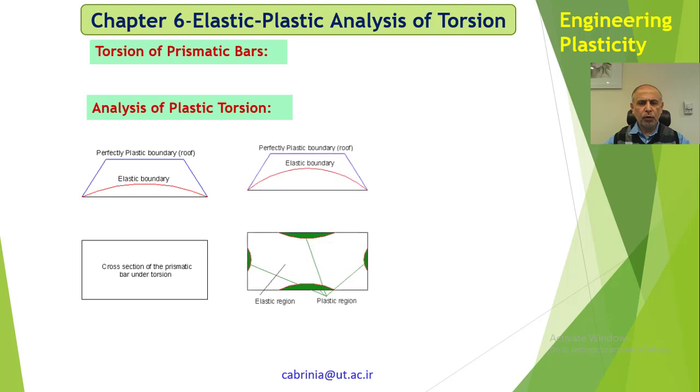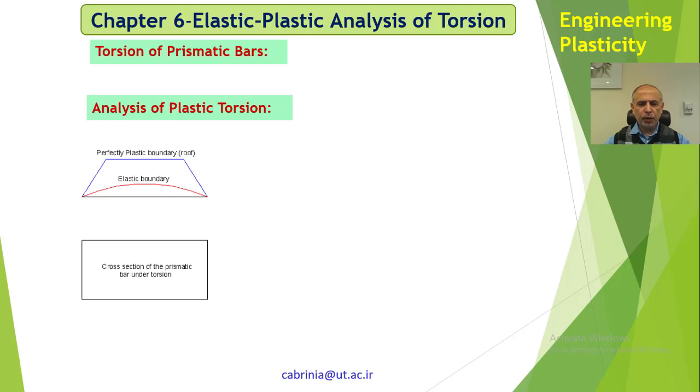I'm going to show you some pictures here. First of all, I have this rectangular cross section like before, and what I have done in here is this red one and the blue one. Now the red one is the elastic boundary. In fact, it is the elastic analysis using a membrane.